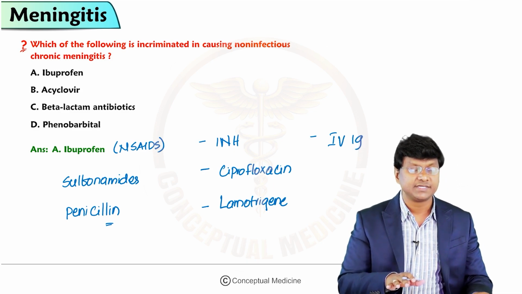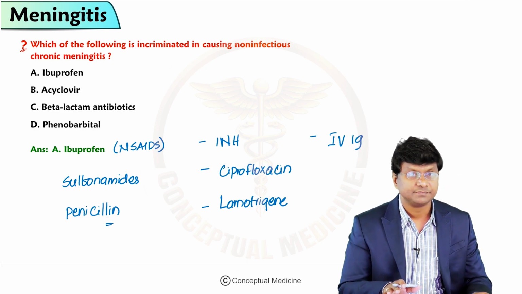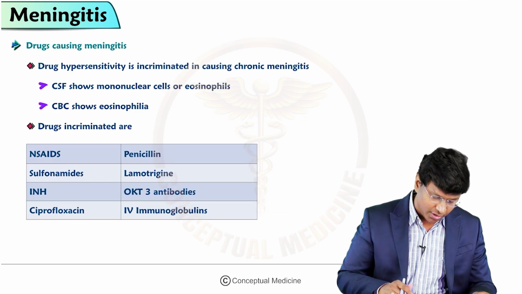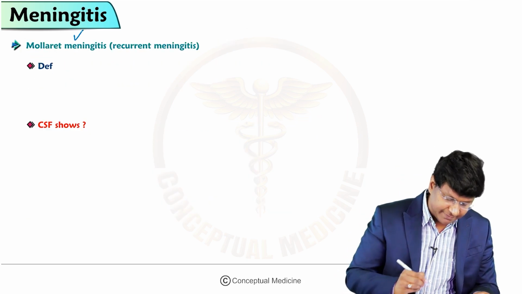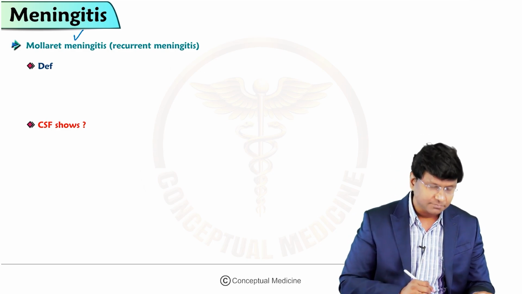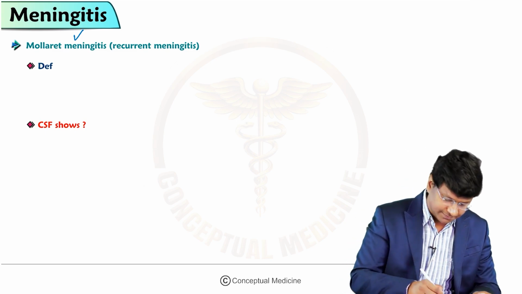So these are the drugs which are incriminated in causing the meningitis, right? Then we have one more important type of meningitis called Mollaret meningitis, which is also called recurrent meningitis. So Mollaret meningitis is an aseptic meningitis.